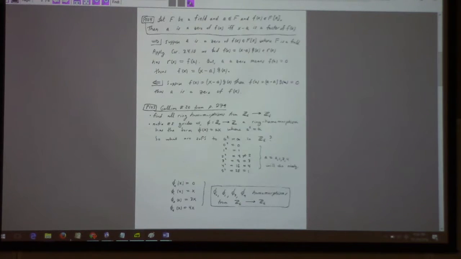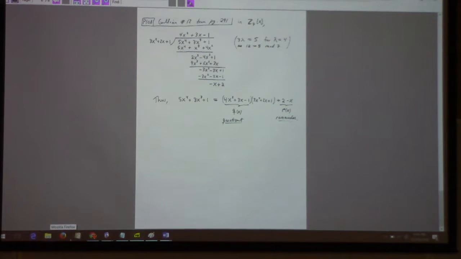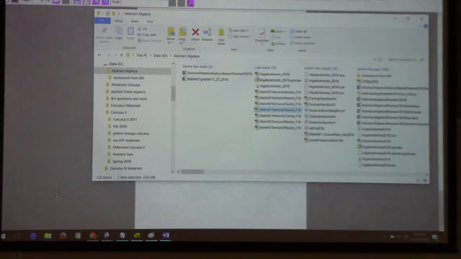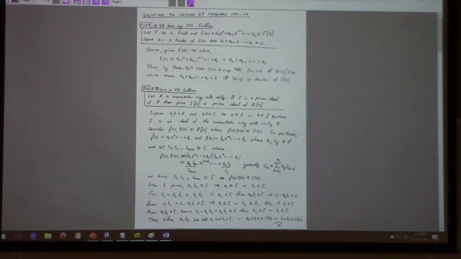I've already covered this one. Can't remember. I tried to look at the previous things. I couldn't find where I did these, but I guess I did. All right, so I'll pick up here, lecture 27, solutions, problem 109.